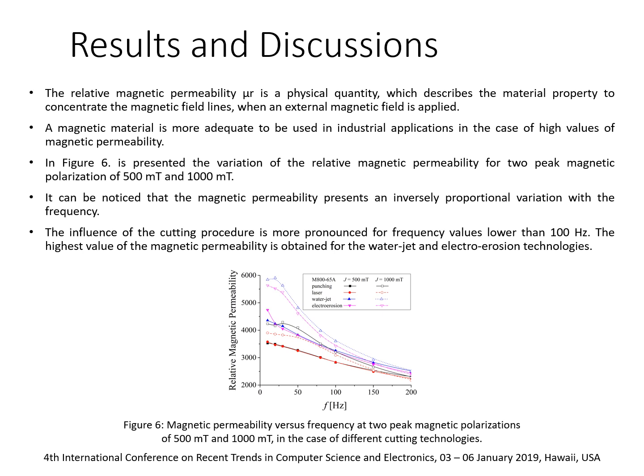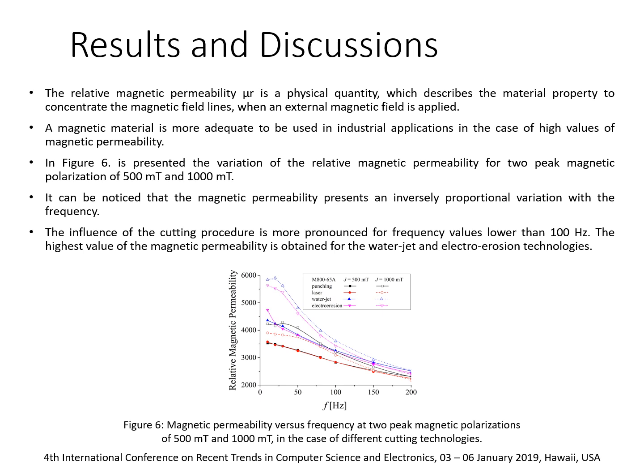The relative magnetic permeability is a physical quantity which describes a material property to concentrate the magnetic field lines where an external magnetic field is applied. A magnetic material is more adequate to be used in industrial applications in the case of high values of magnetic permeability. In Figure 6 is presented the variation of the relative magnetic permeability for two peak magnetic polarizations.